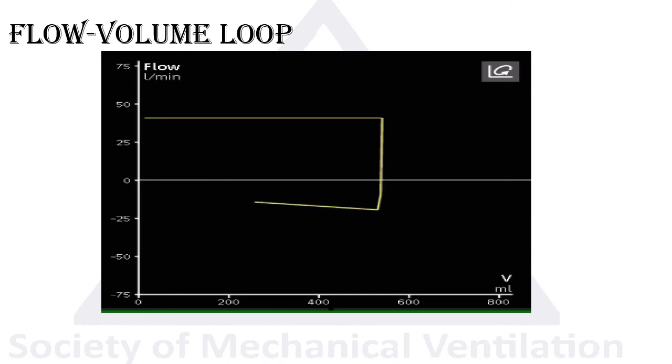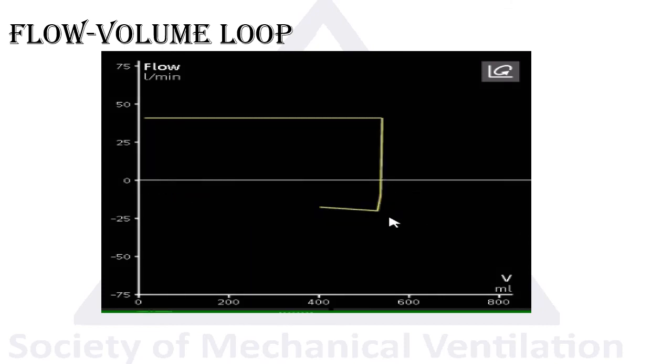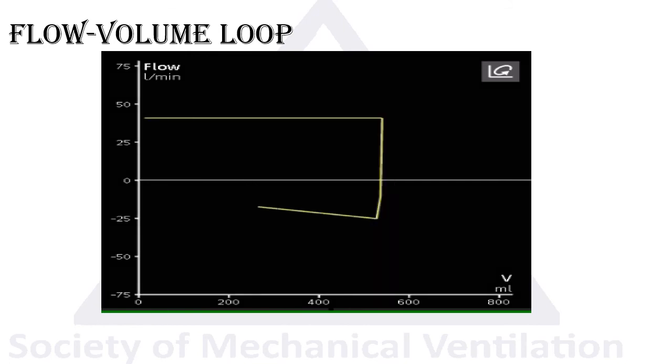Now let's quickly make him a restrictive lung disease, for example ARDS, and we should see that the expiratory flow should start to come down and collapse very quickly. Again, sorry, it will take a couple of seconds.